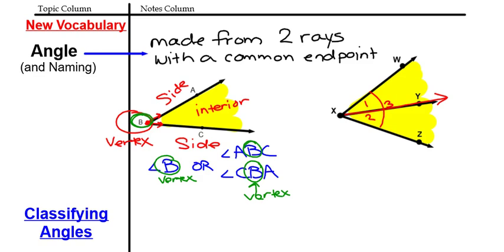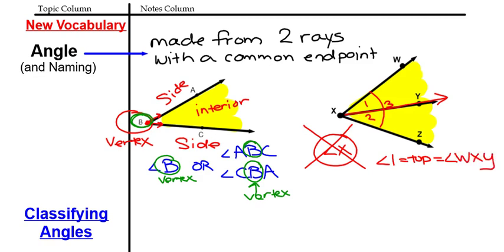So for this question, if we were to name it angle X, that would be wrong. There is too much going on for you to name that angle X. You need to name them individually. Angle 1 would be the top angle, and we would call that angle WXY, or you could call it angle YXW.